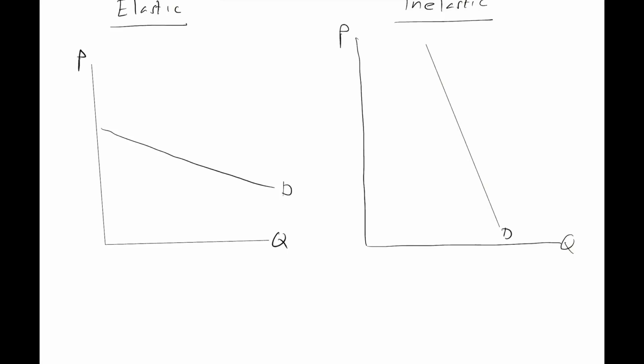Now, if the price was at P and the quantity was at Q, and there was an increase in price from P to P1, and then a decrease in the quantity demanded, we can see here that the percentage change in quantity demanded is a lot greater than the percentage change in price.